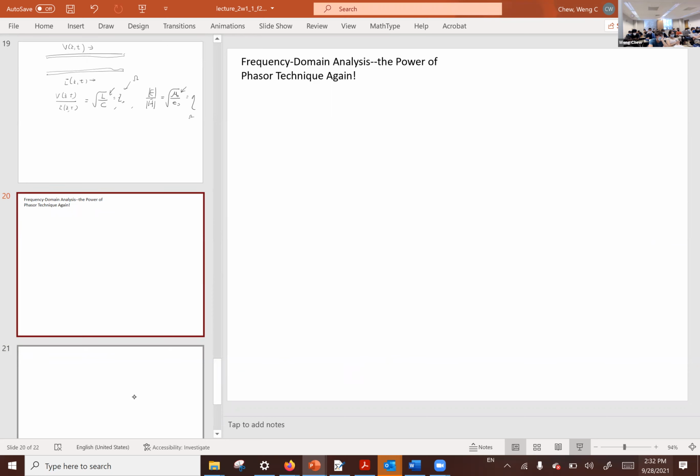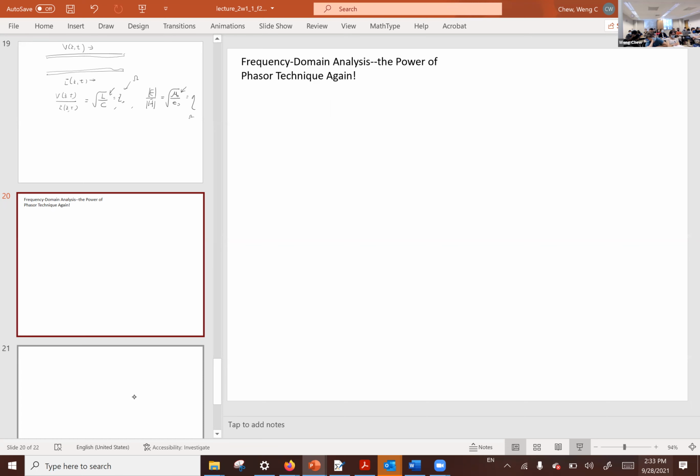What is more interesting is what happens if you have a more general structure, rather than the simple one that we have shown you. So far we have only inductance and capacitance in the transmission line. What happens if the transmission line has loss? We will have to model the transmission line with some resistance somewhere.